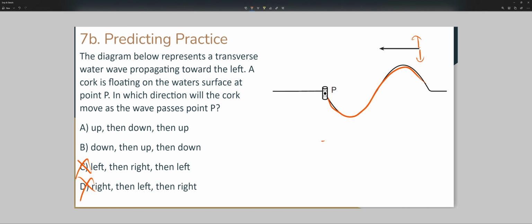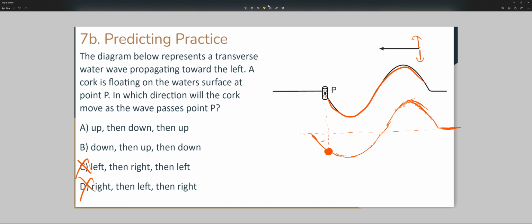If you don't believe me, let's just think about it. Let's say this entire line moved. Actually, let me draw my equilibrium line there to help myself. As this wave only moves up or down, its new position is over there.